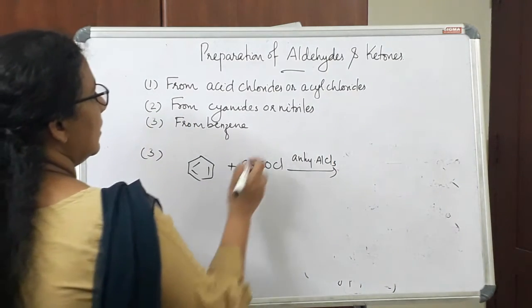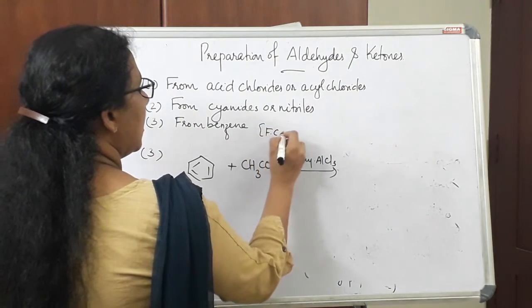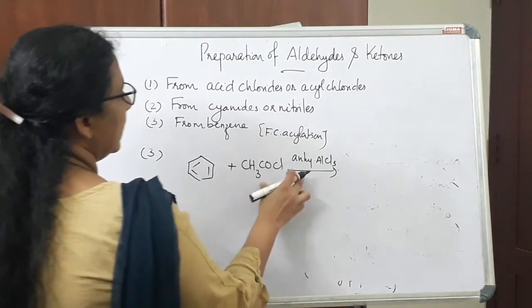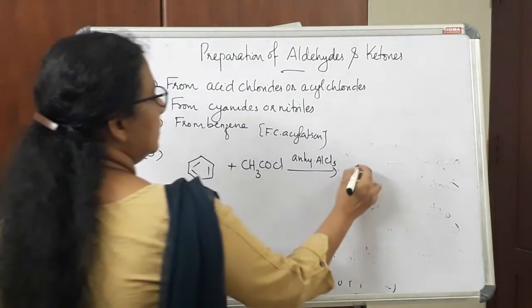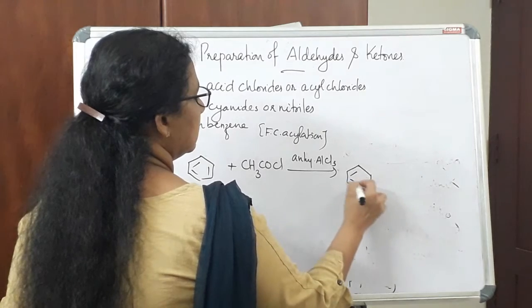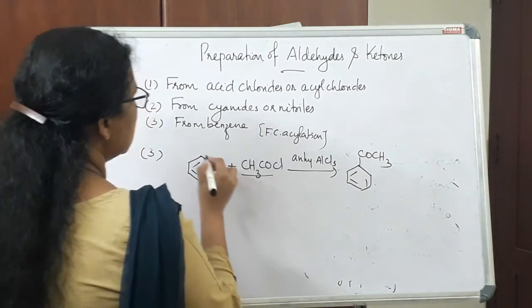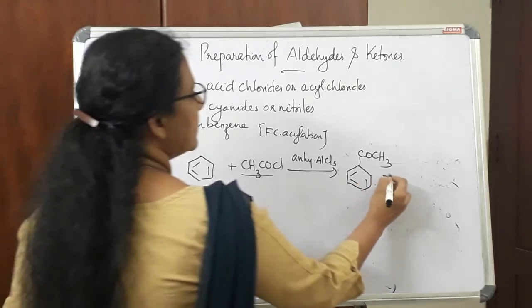Actually this is Friedel-Crafts acylation. So by Friedel-Crafts acylation we can prepare a ketone, that is COCH3 will be attached here and HCl will be eliminated.